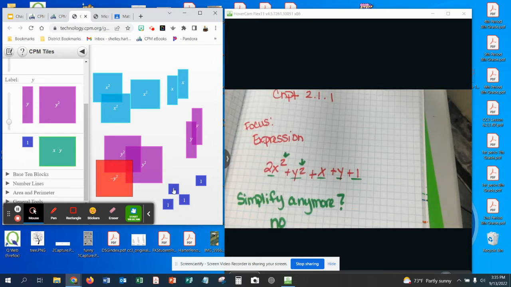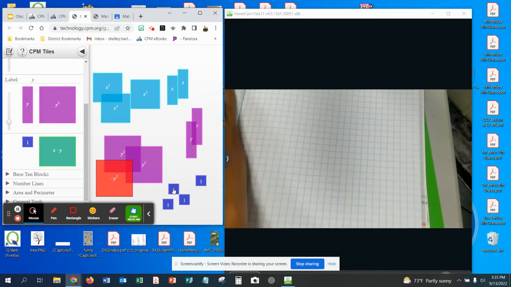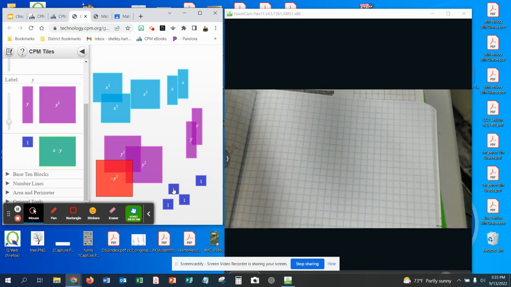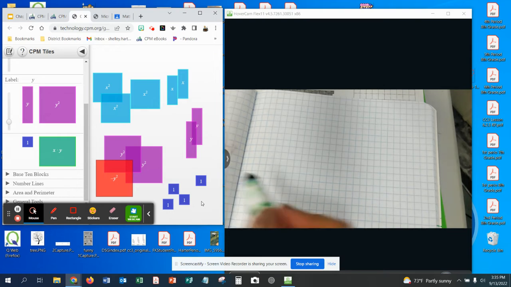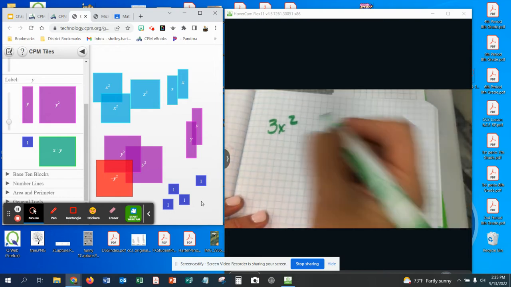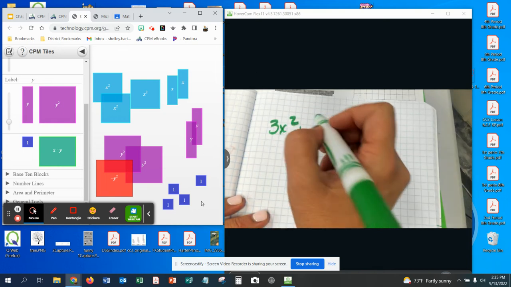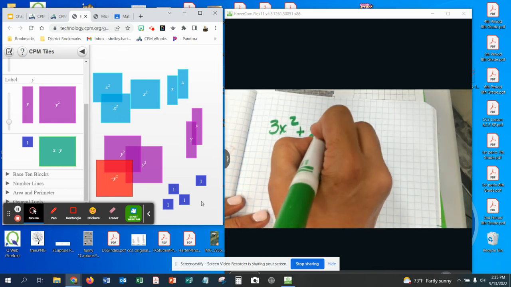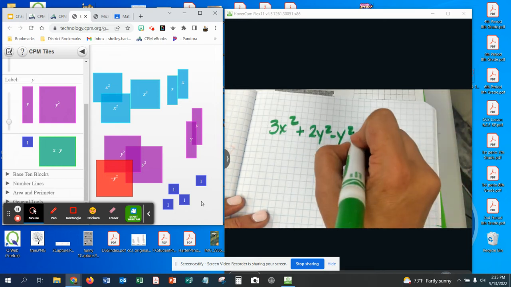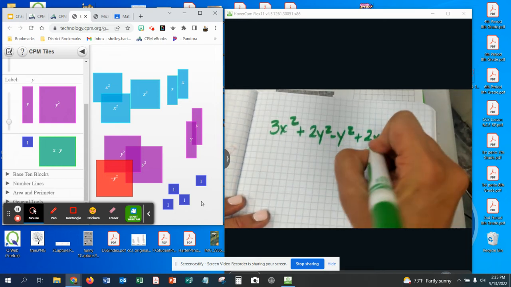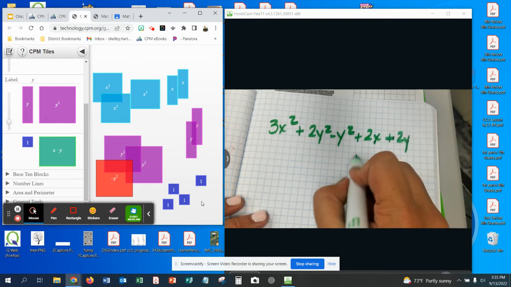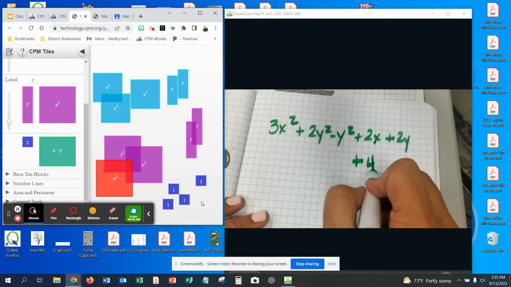All right, so let's go to another page. We're going to write this out. What have I got? I've got 3x squared plus 2y squared minus y squared plus 2x's plus 2y's plus 4.